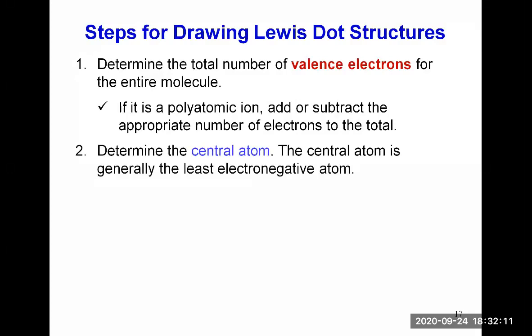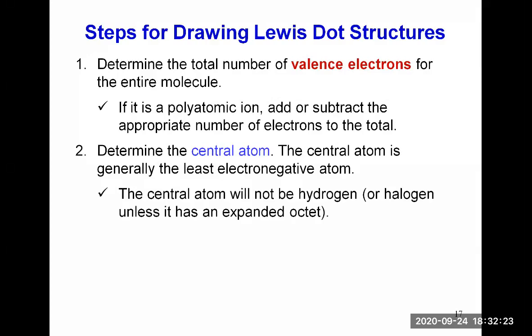Determine the central atom and position the atoms, find the arrangement. The central atom is generally the least electronegative element, so typically the most metallic one. There are different ways of seeing that: the least electronegative or the most metallic one. The central atom will never be hydrogen or a halogen.